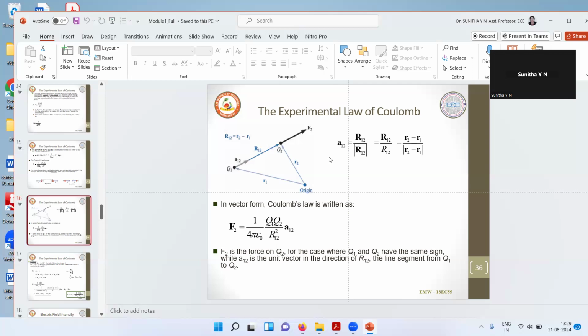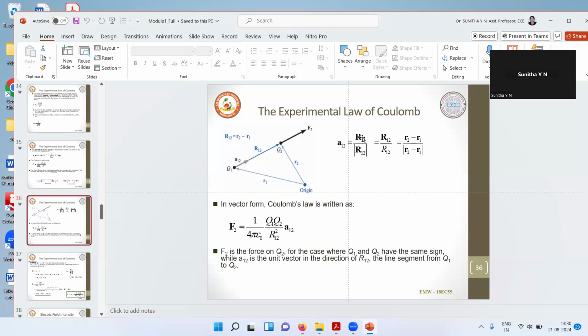We have a standard formula for calculating a unit vector. The unit vector in the direction of R12, which I call A12, is equal to the vector divided by its modulus. Whatever magnitude the vector has, I divide the vector by that magnitude so that I am left with unity. That gives a constructed vector with an assured magnitude of 1.